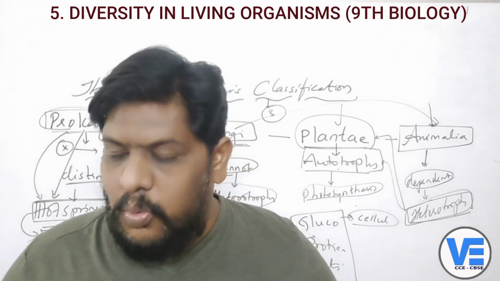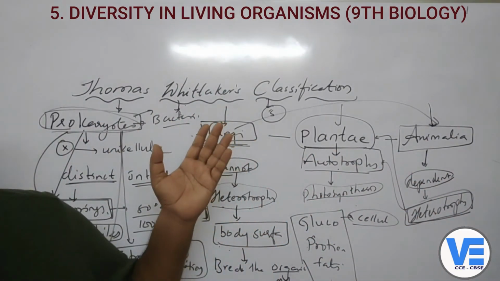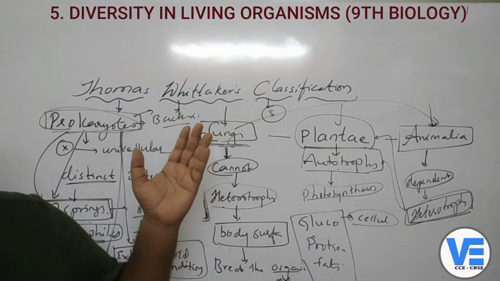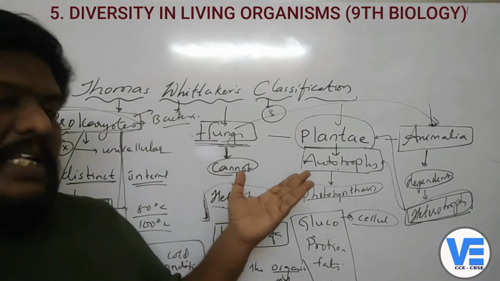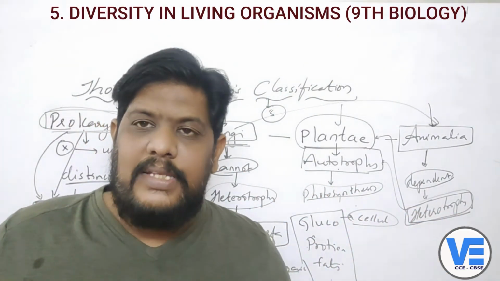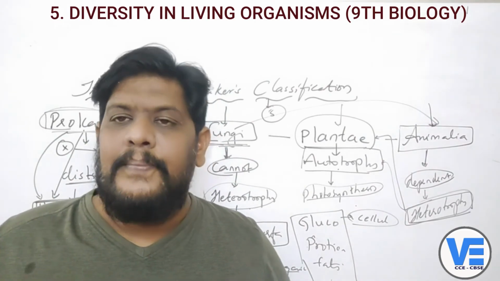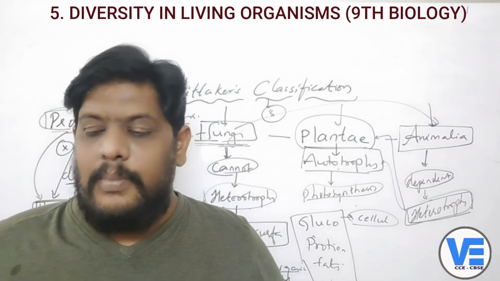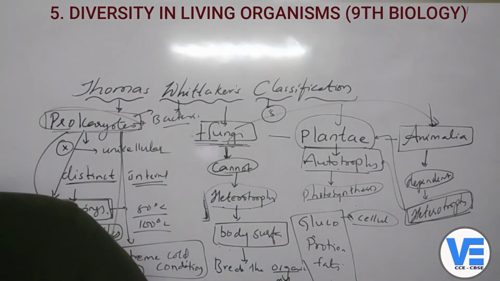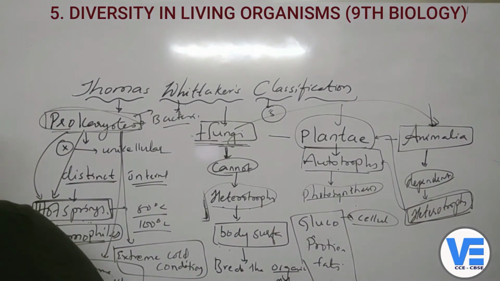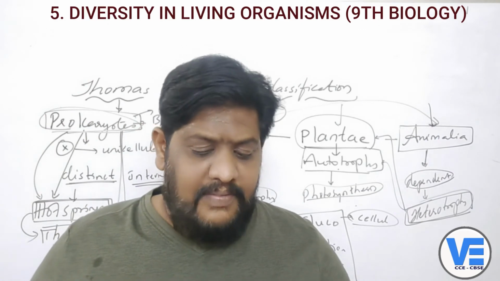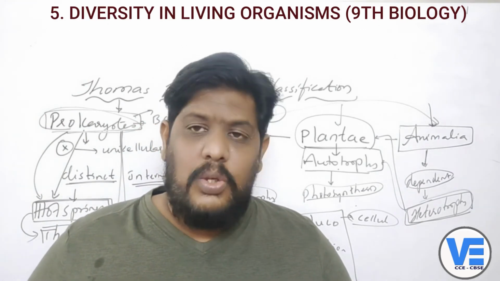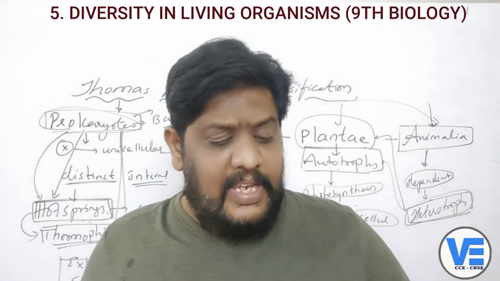We have seen two different classifications here. One is Carolus Linnaeus's classification, and the second one is the classification done by Whittaker. If you observe the table on page number 57 in your textbook, there are several different biologists who modified the classifications.